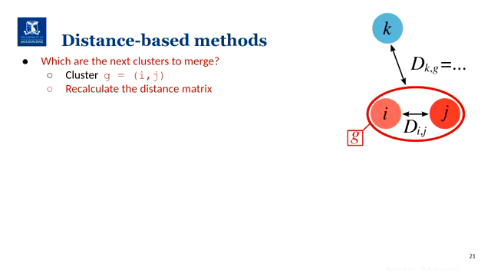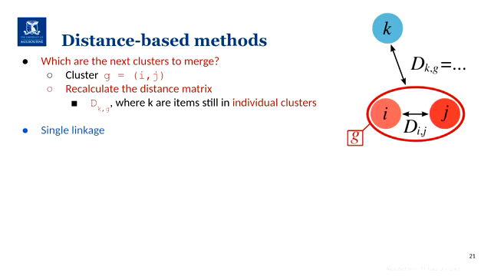I have a new node here, K, and I need to calculate the distance between K and this new group, which is your question. How do I calculate distances between a sequence and a group of sequences? That is DKG, the distance between an item and a cluster.